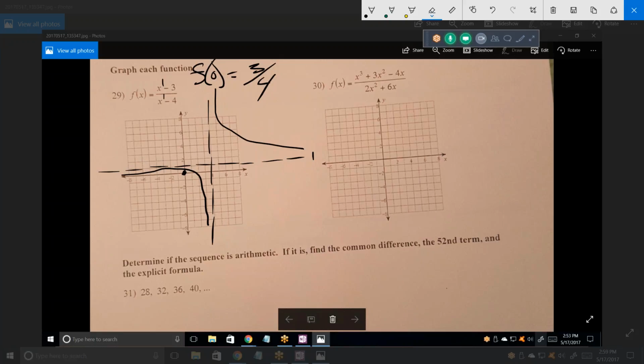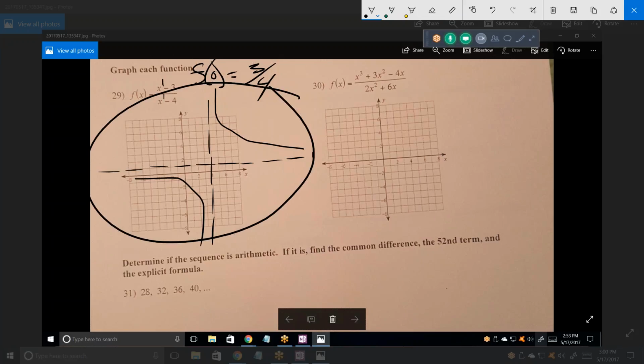And when they say graph it, if you had anything close to what I have, in other words, even if you had what I had originally, which wasn't quite accurate, I just drew it like that. If your teacher does not give you full credit for that, they should be ashamed of themselves. That is a proper 100% answer.